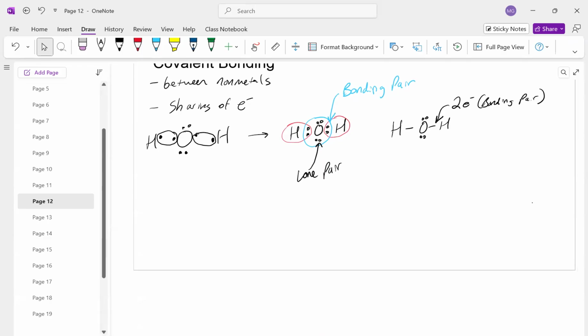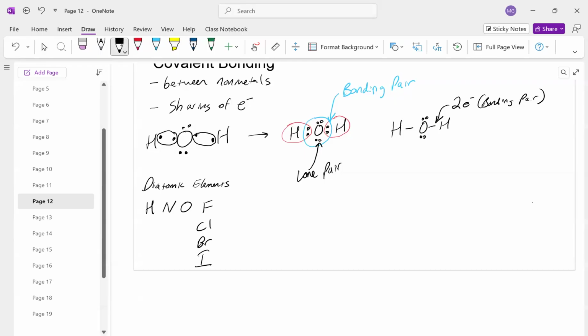There are a handful of elements, though, that exist in nature as diatomic elements, the prefix di meaning two. And these include hydrogen, nitrogen, oxygen, fluorine, chlorine, bromine, and iodine.